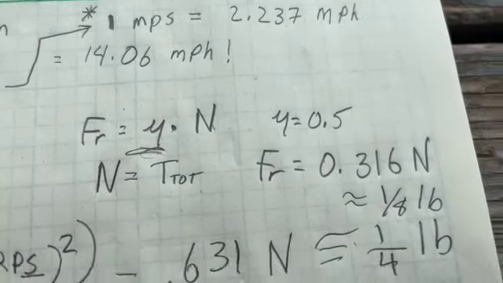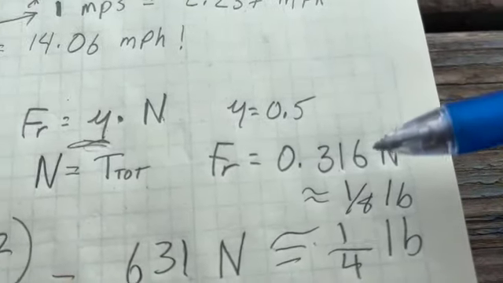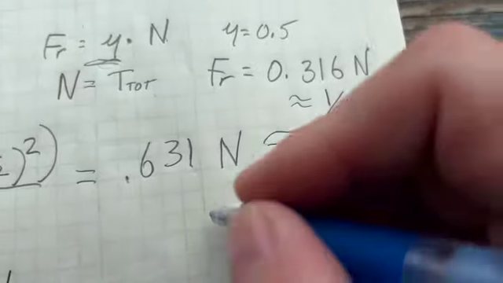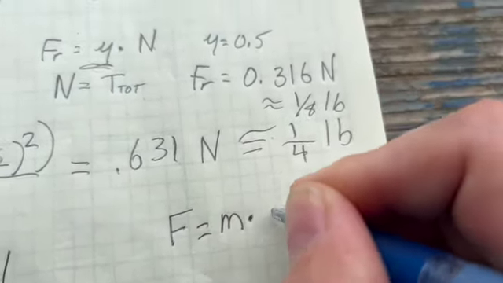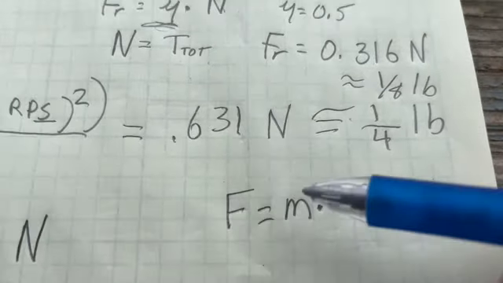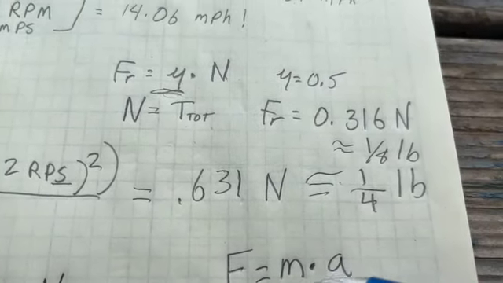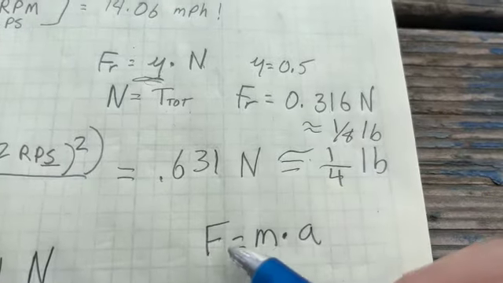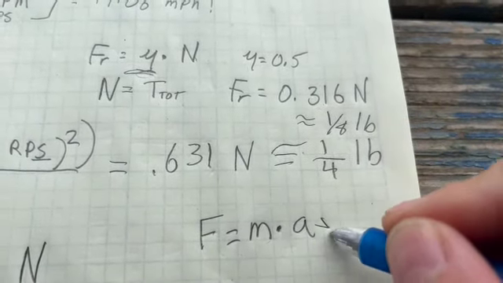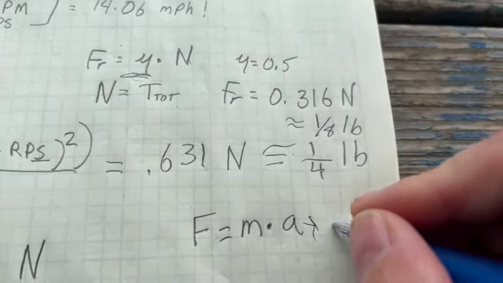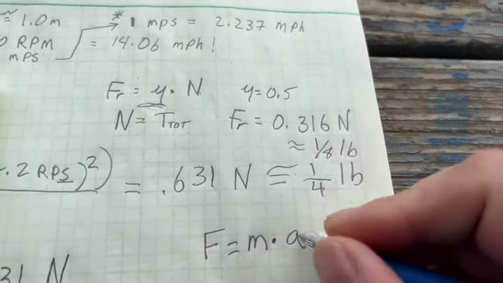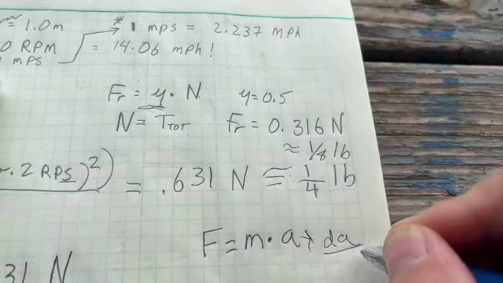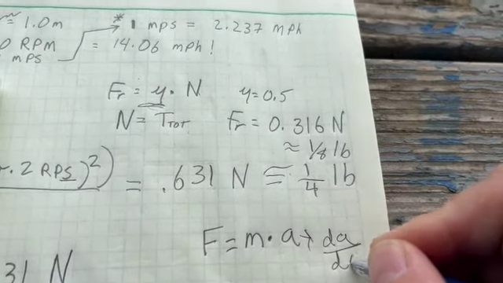So the reason why this is significant is because force equals mass times acceleration. That's how force is defined. The mass is being accelerated a certain amount. Acceleration is the change in velocity with respect to the change of time.